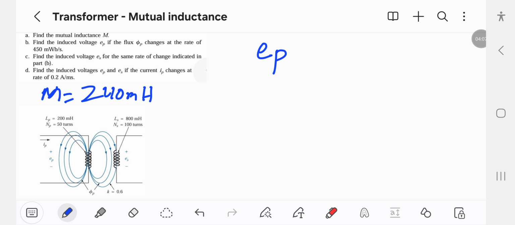in the primary coil. The condition here is that the flux at the primary coil changes at the rate of 450 milliweber per second.